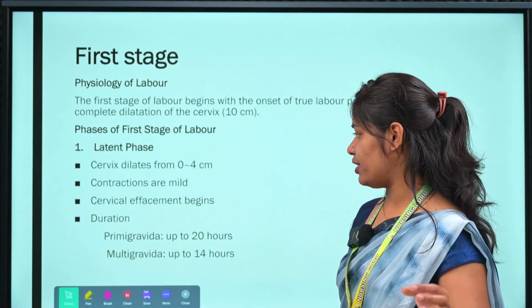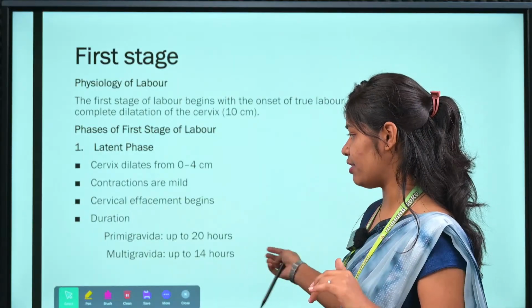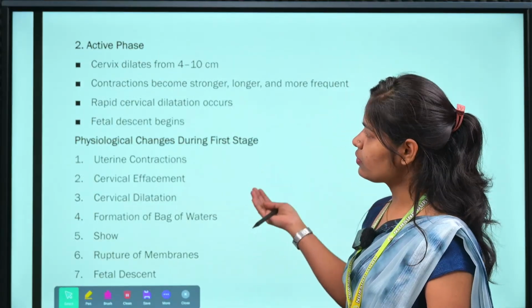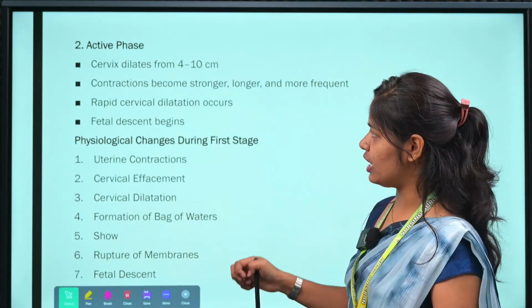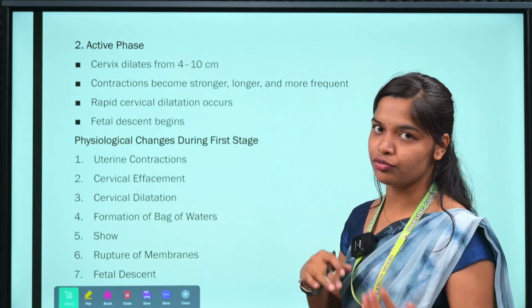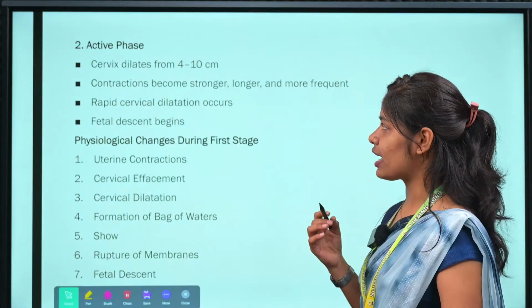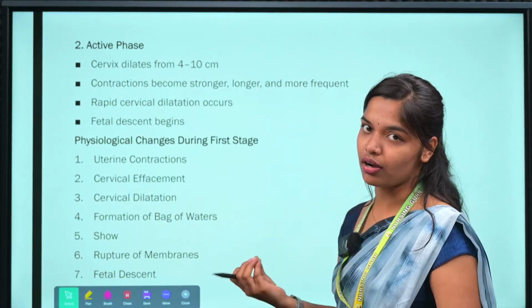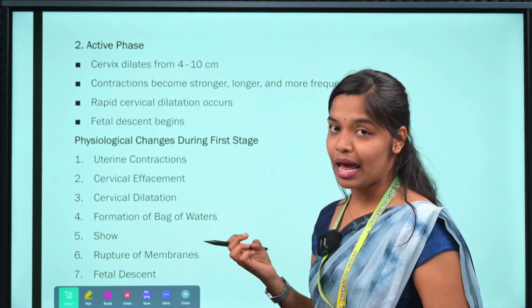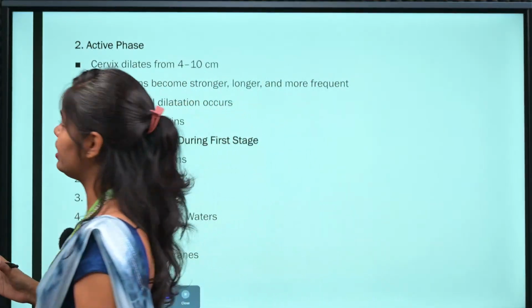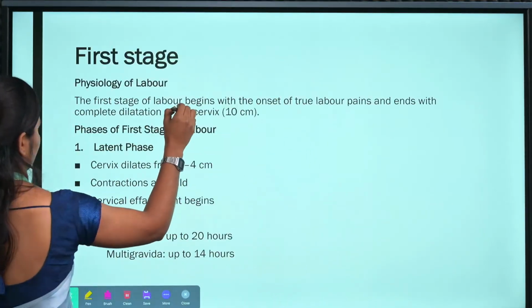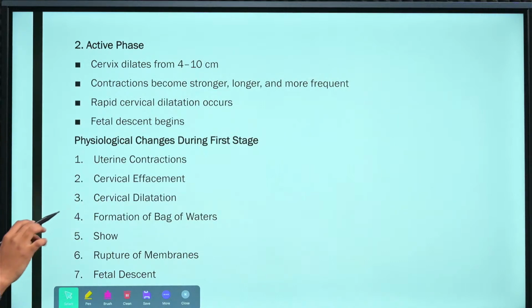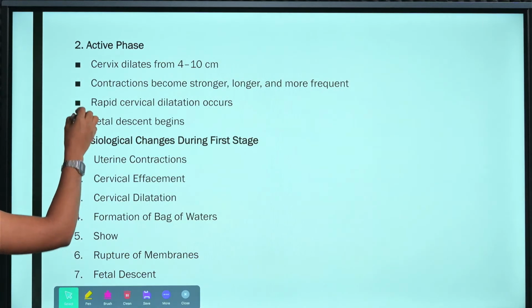In primigravida up to 20 hours and in the multigravida up to 14 hours. In the active phase of the first stage, the cervix is going to dilate from 4 to 10 centimeter. Contraction will be stronger, longer and more frequent, and rapid cervical dilatation up to 10 centimeter will occur here only. Then fetal descent, based on the presentation, cephalic or head presentation, the descent of the fetus will begin in the active phase.